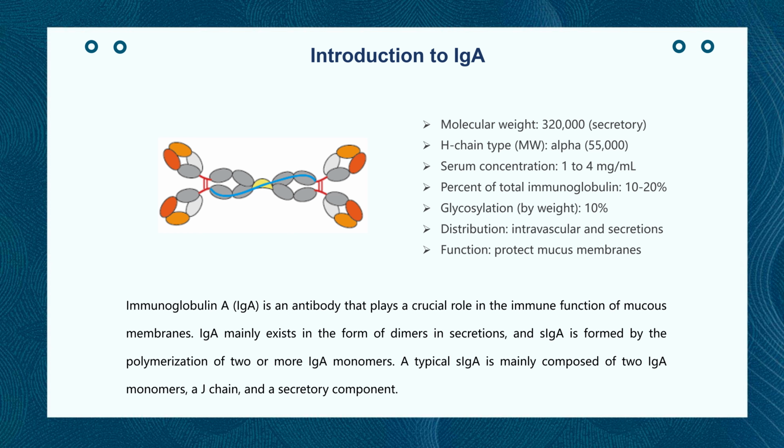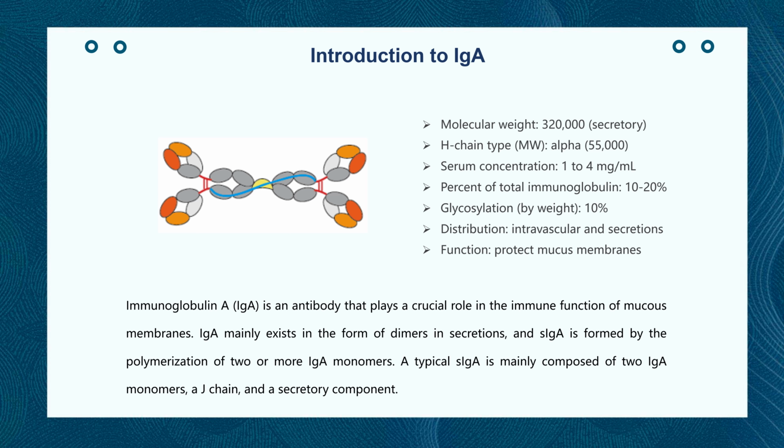The monomeric structural unit of IgA comprises two identical heavy chains and two identical light chains arranged into two Fab regions and an Fc region, separated by a flexible hinge region. The heavy and light chains fold up into globular domains. IgA mainly exists in the form of dimers in secretions, and S-IgA is formed by the polymerization of two or more IgA monomers.